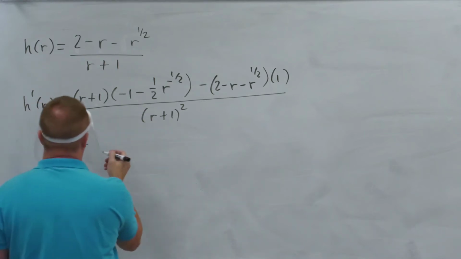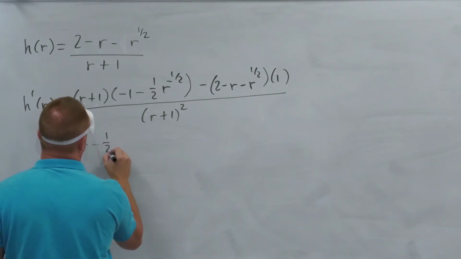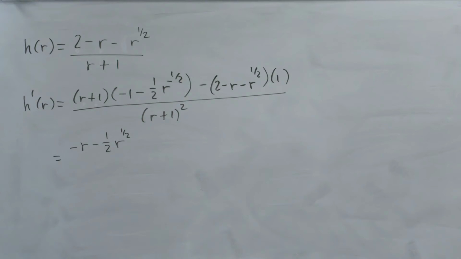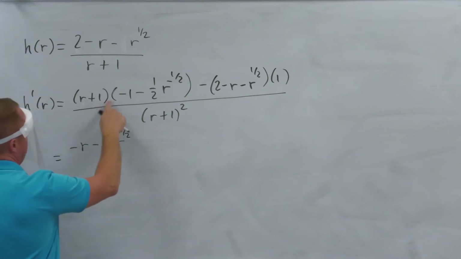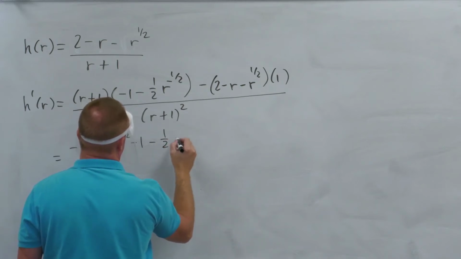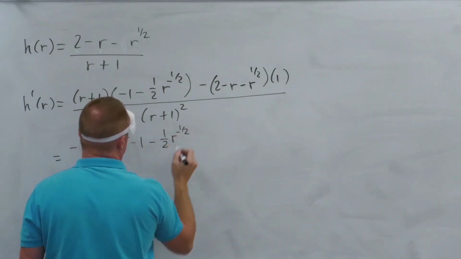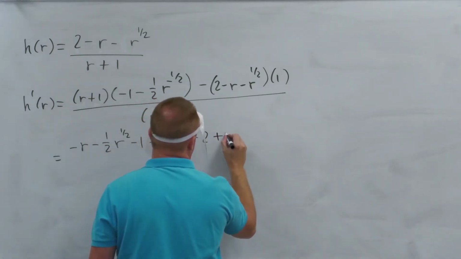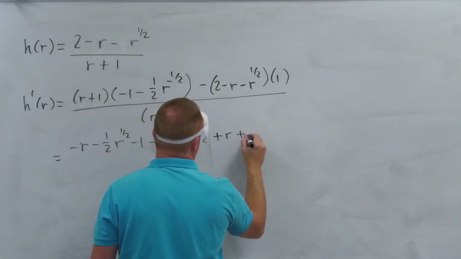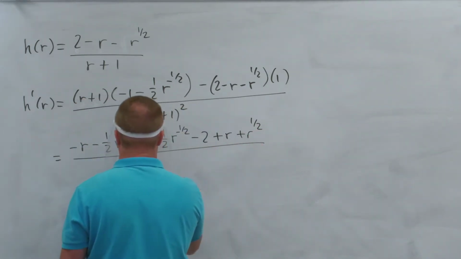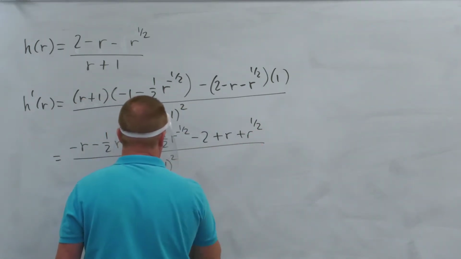So that would be minus 1/2 r to the 1/2 when I multiply. Okay? And now 1 times each one, I get negative 1 minus 1/2. Now I have r to the negative 1/2. Then here I've got minus 2 plus r to the 1/2 over r plus 1 squared.